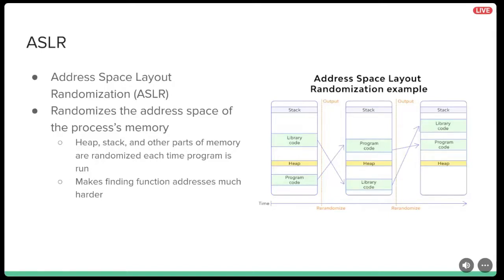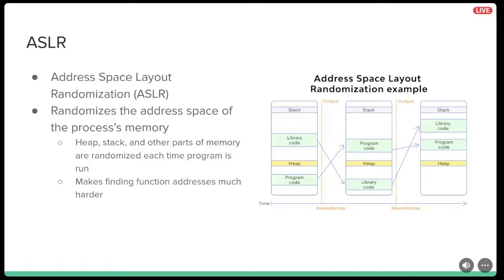When ASLR is off, everything is organized the same way every time you run it. But ASLR randomizes your stack, your heap, and so on, to a different position in memory every time. So you can't just reference the same position and expect it to work. This is enabled on pretty much every operating system, and it makes things much harder.